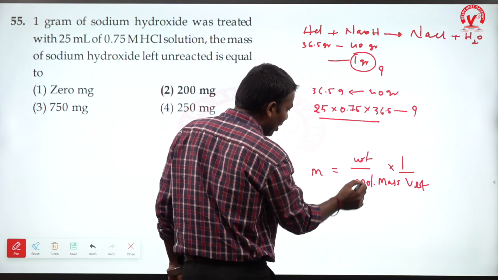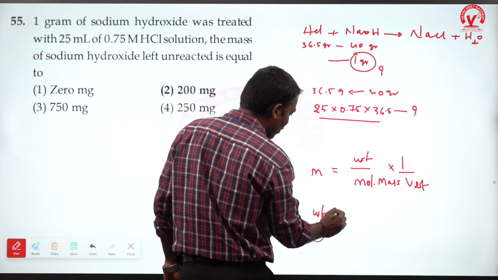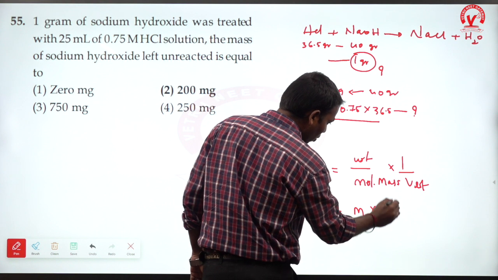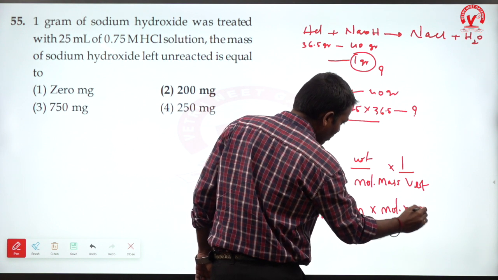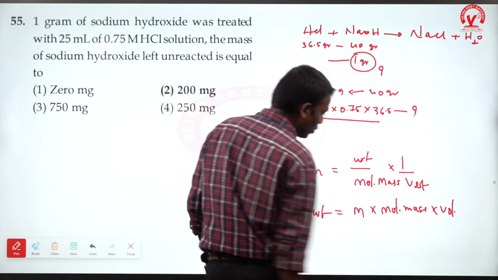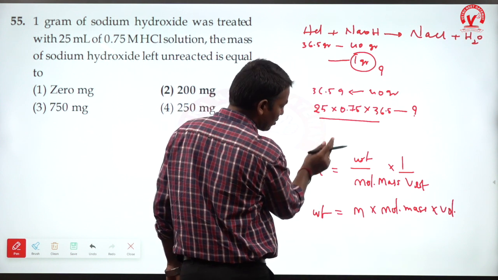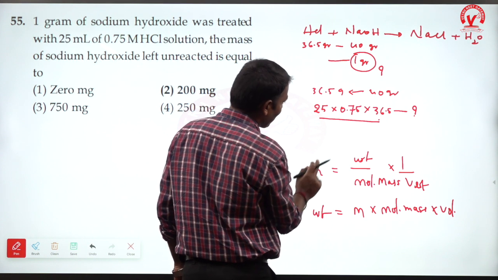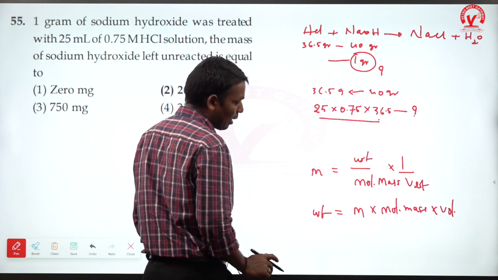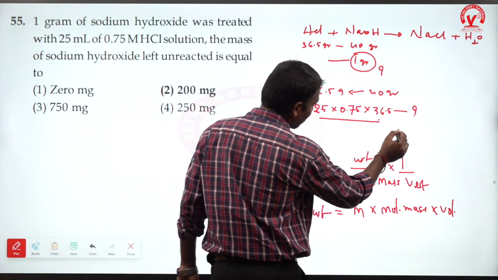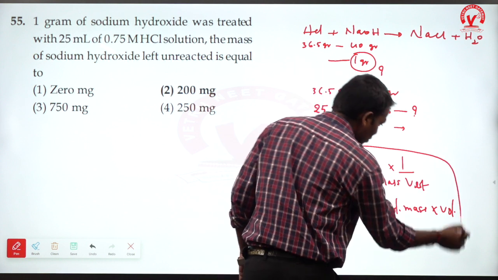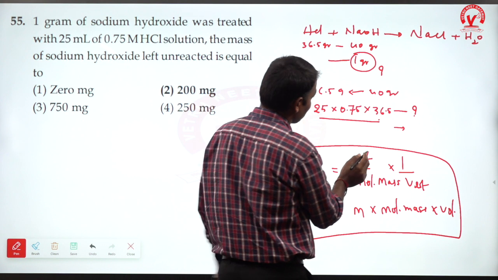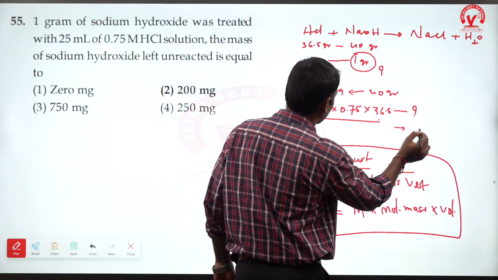From here, weight is equal to molarity into molar mass into volume. The molarity given is 0.75, molar mass is 36.5, and volume is 25 ml.